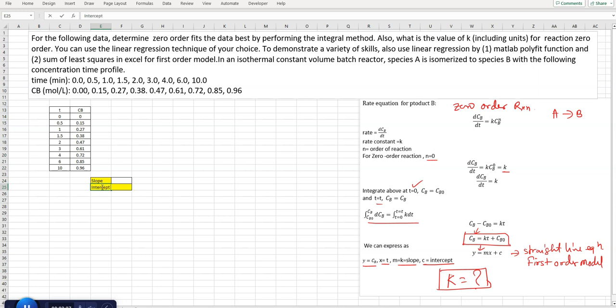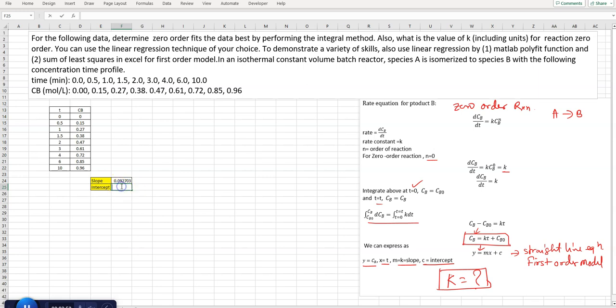For slope, we put first the known y's, then a comma, then the known x's. Now close the bracket. If we do that, we get the slope, that is K.